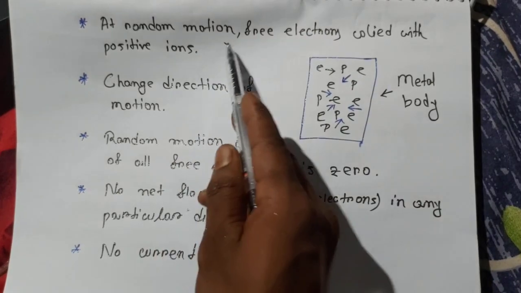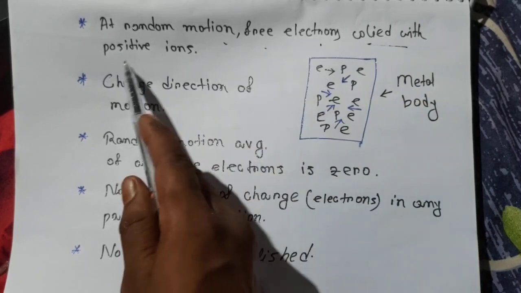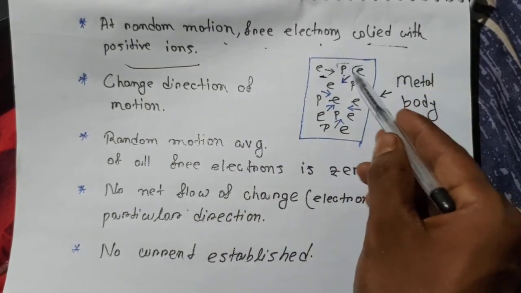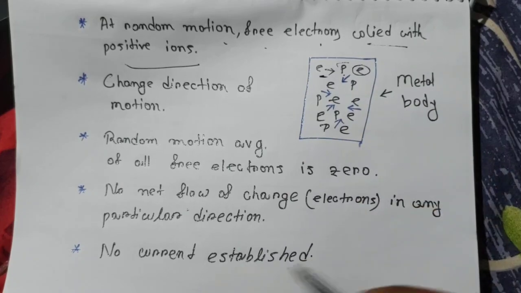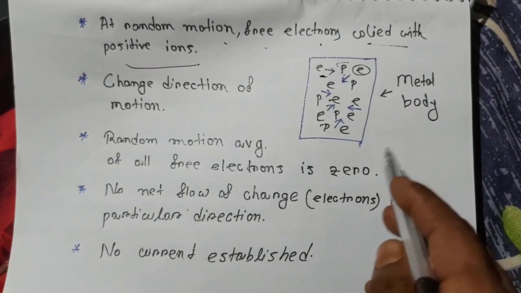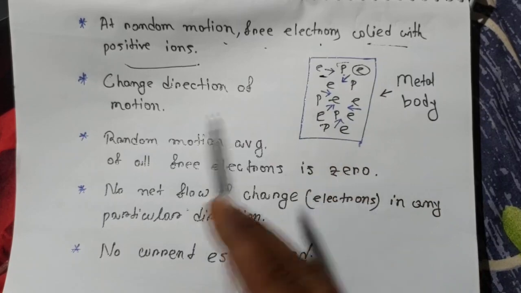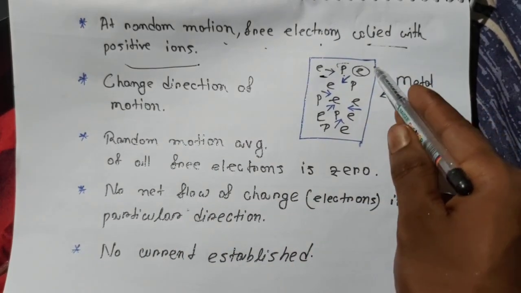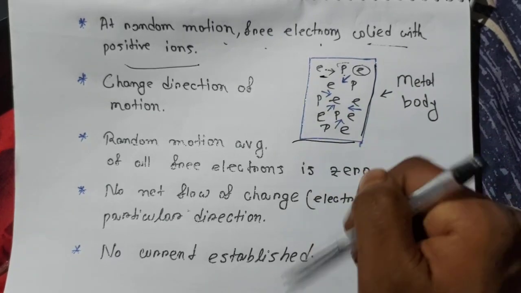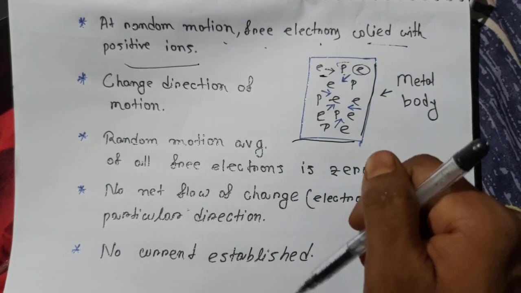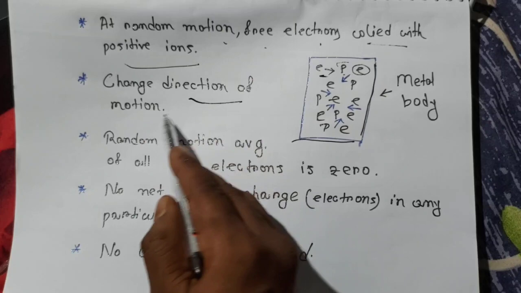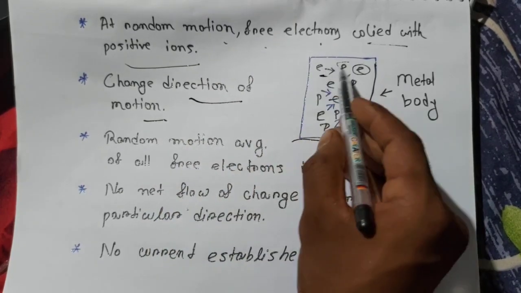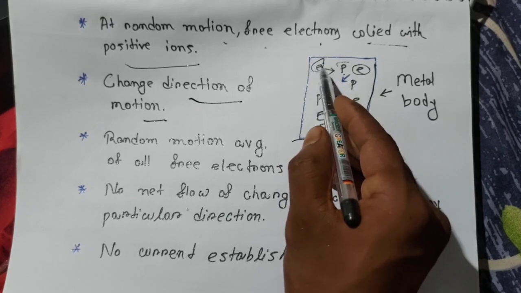In random motion, free electrons collide with positive ions. There is collision between electrons and positive ions, because in a metal body positive ions are also there, causing a change in direction of motion. You can understand that easily.